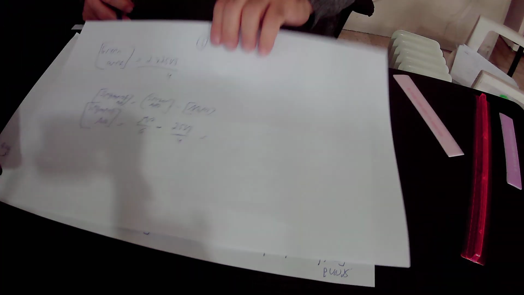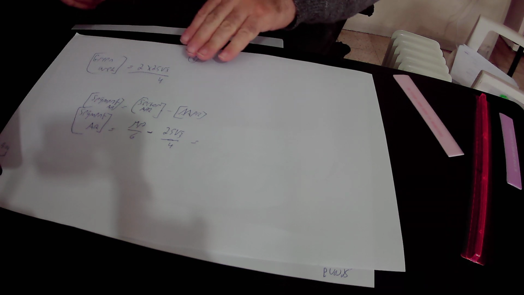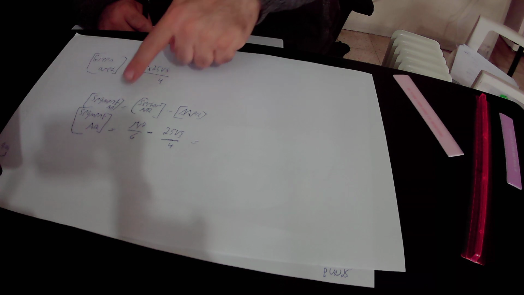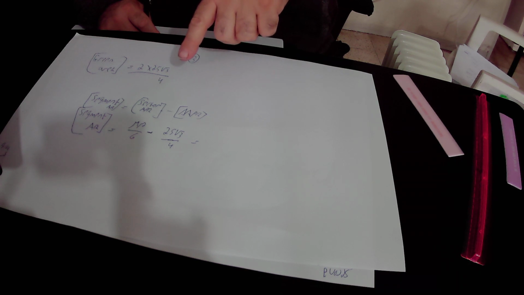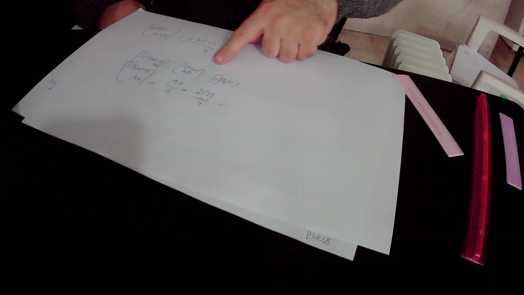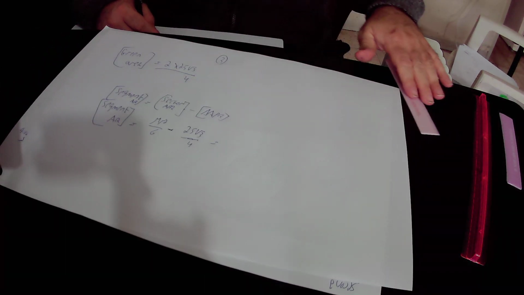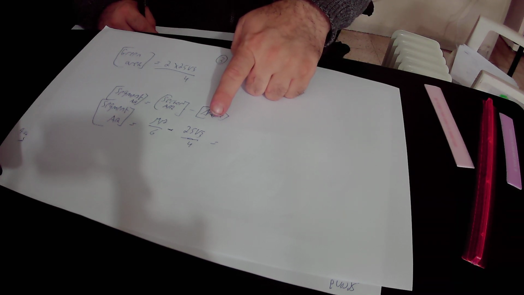I repeat again, the area of segment AQ equals the area of sector APQ minus the area of triangle APQ. And we have already found out that the area of sector APQ equals pi r squared over 6, and the area of triangle APQ equals 25 times square root of 3 over 4.